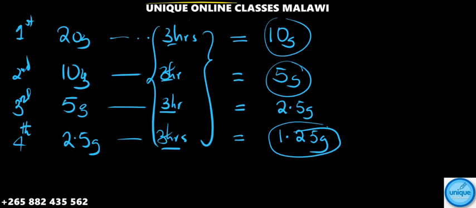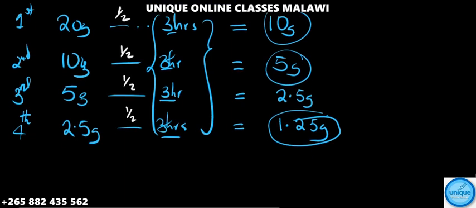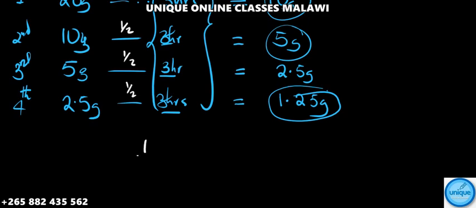Another way you can do it is to just count the halves. Take this half, and this third half, and we have this third half. There are 4 halves. So you can just put here the number of half-lives, it's 4, and then you have 1/16.